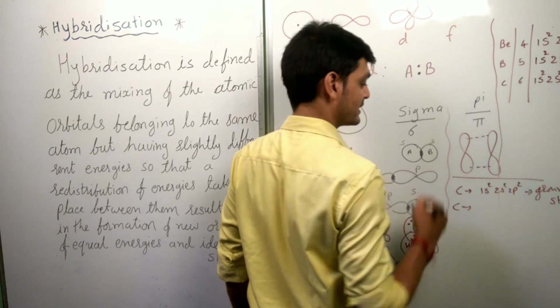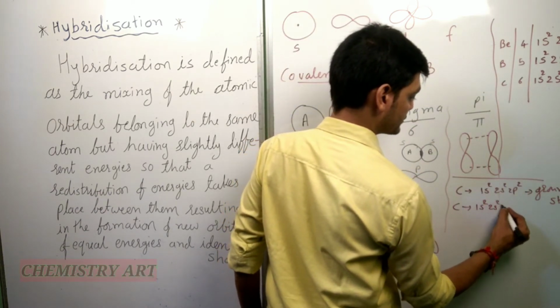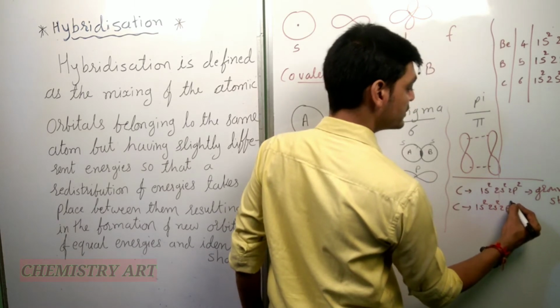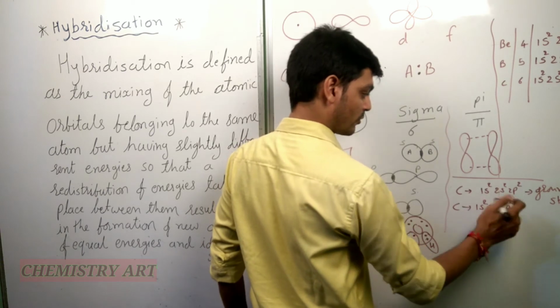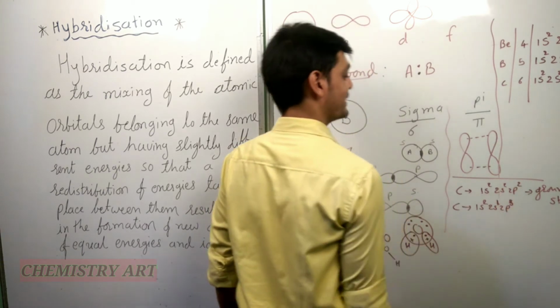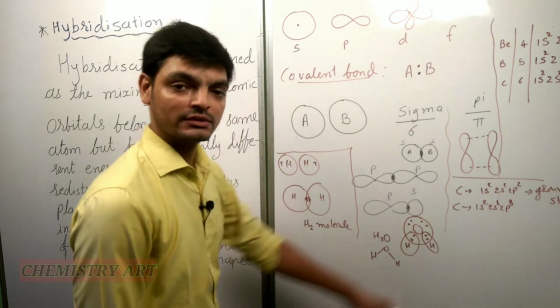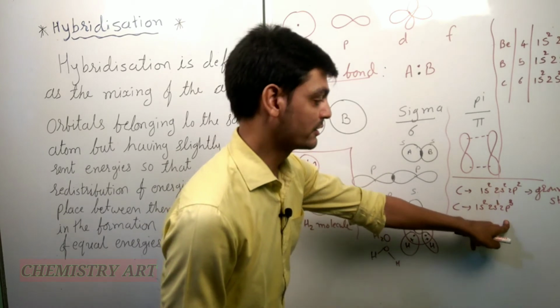Carbon's electronic configuration in the excited state: 1s2, 2s2, 2p2, but from 2s2, 1 electron goes into 2p, so it will be 2p3. This is the excited state electronic configuration.